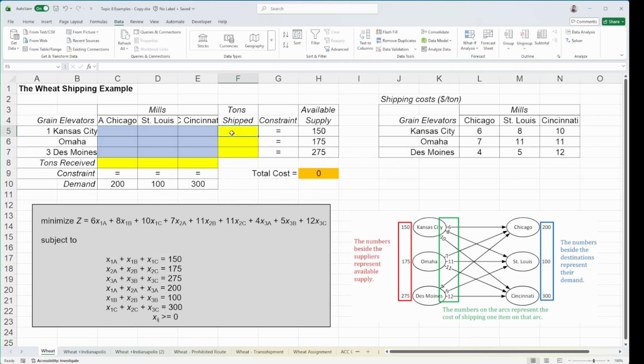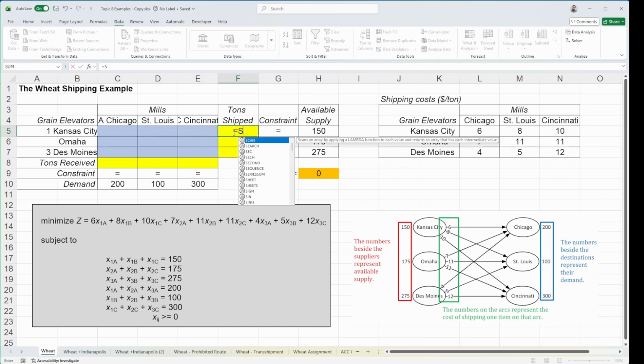Essentially here we want to do a sum over x1a, 1b, and 1c. So this is x1a, this is x1b, this is x1c. We just need to add them together.